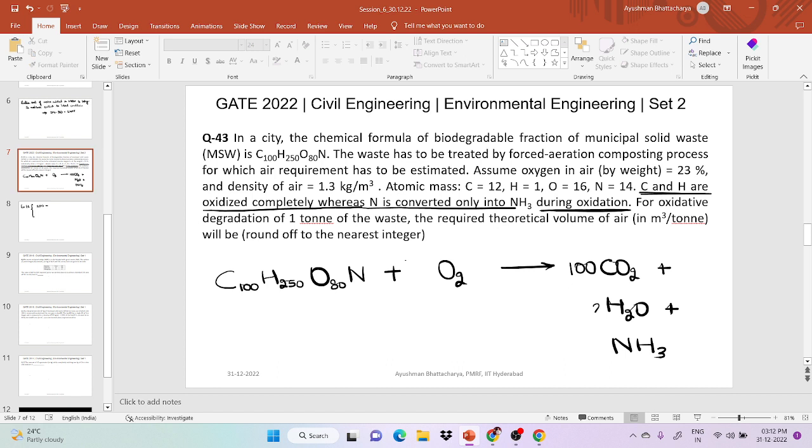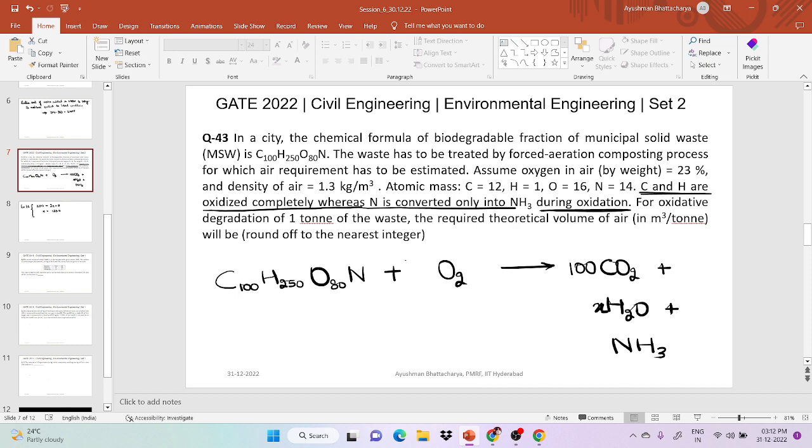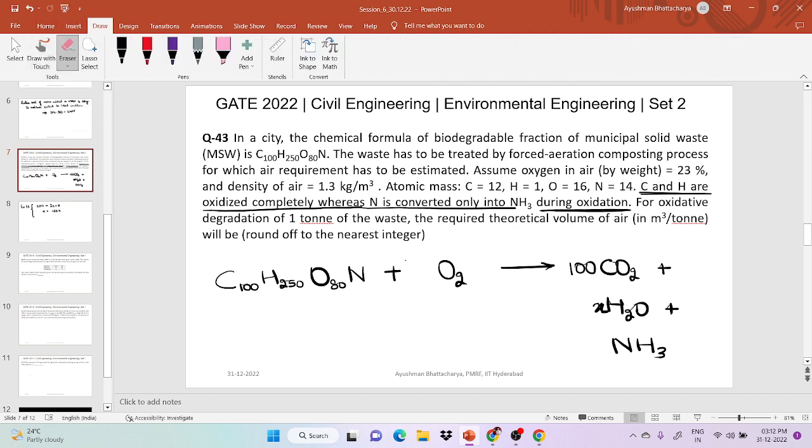Suppose here I kept X: 2X plus 3. So X will come out to be 123.5. So now I can write this as 123.5 H2O. So this H got balanced, and if you calculate it, it will be equivalent on both sides.